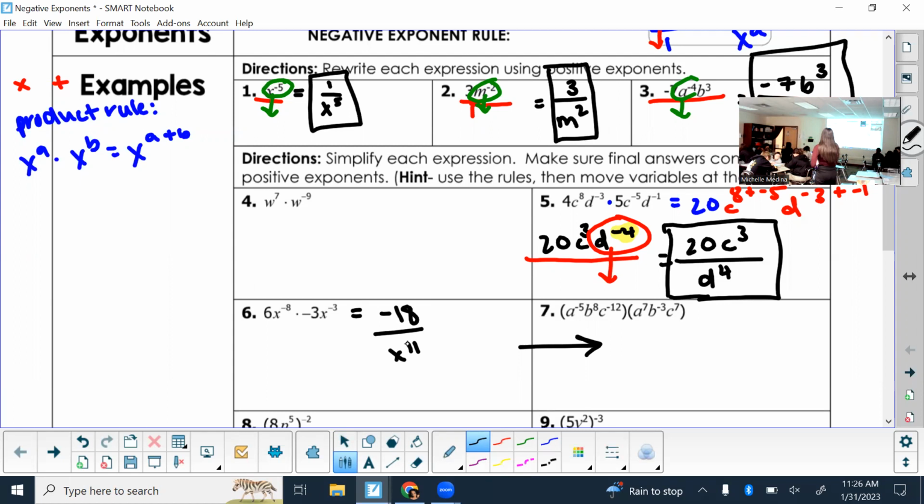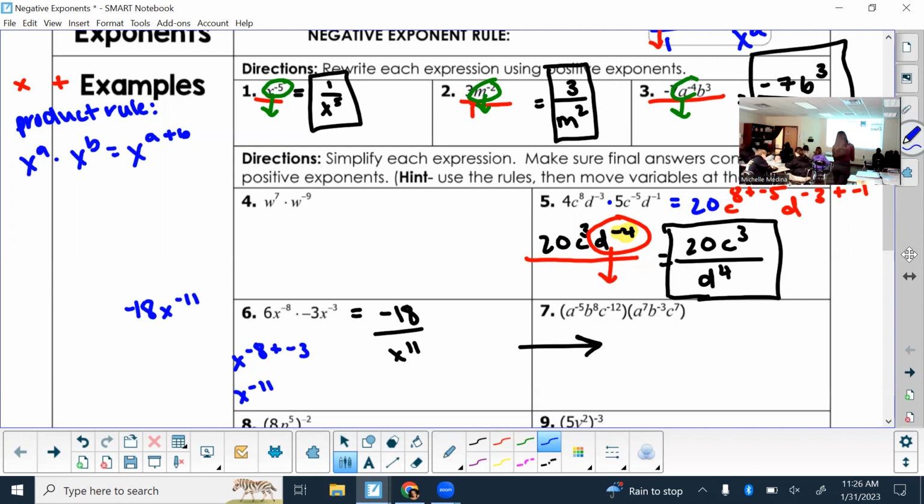So yeah, 6 times -3, you multiply like normal, -18. And then you use the product rule on the variables. So x to the -8 plus -3 is the math that we're doing. That gives me -11. And so when you pair that with this, you can't leave the negative exponent in your final answer.